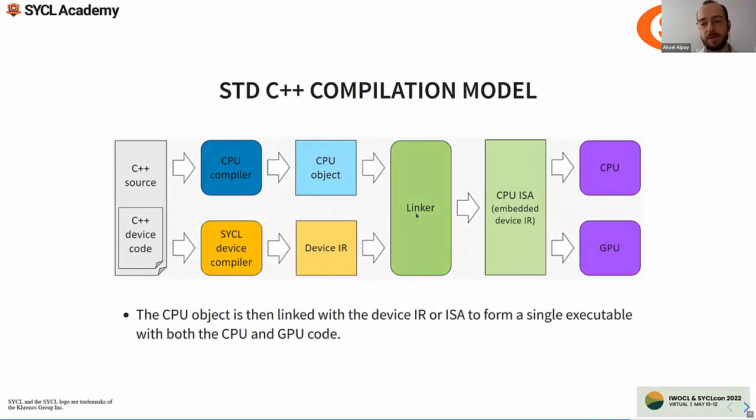Then all of this is mangled together to form some kind of binary that can run on the host, but that has the code that would execute on device embedded inside of it. And that means that you can just run your resulting binary as a regular C++ binary and execute it. But inside that binary, there's the compiled kernels, and that can then be executed by the SYCL runtime on a particular device, such as a GPU.